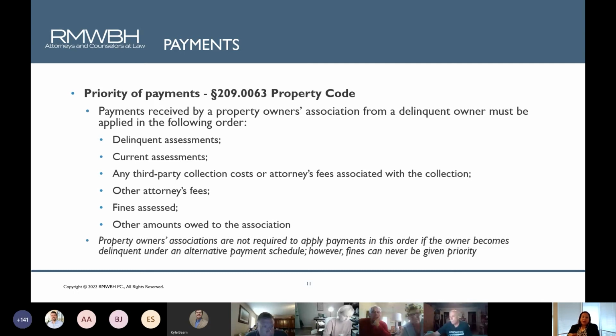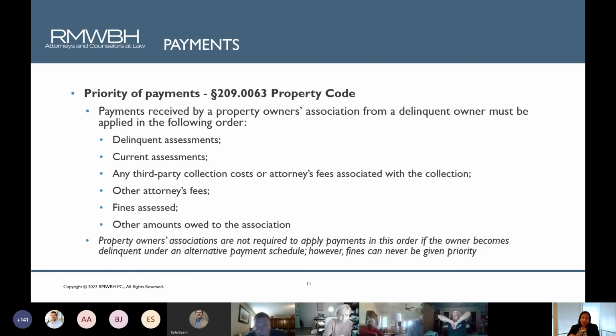There is a Texas Property Code provision, again, under Chapter 209, that requires any payment that is received by the association to be applied in a particular priority. And so you're on your screen, you're looking at that priority.